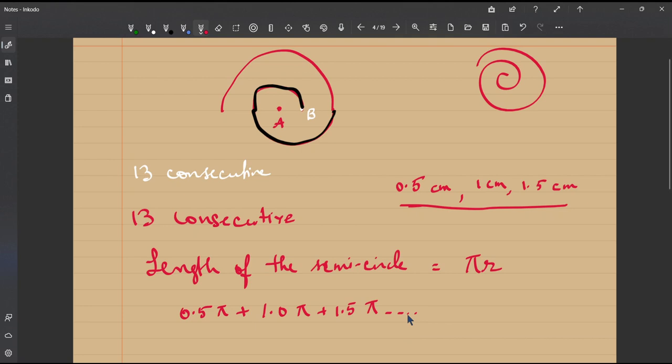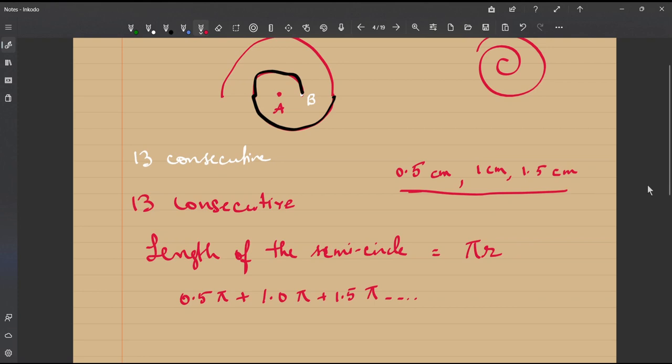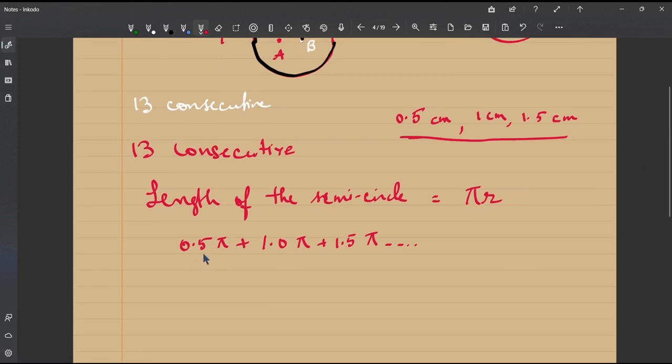So it's of course an arithmetic progression. Since we have looked at many arithmetic progressions, we see that the common difference is 0.5. The first term is also 0.5. The first term of the AP, if you call it a, is 0.5 pi, and the common difference is 1 pi minus 0.5 pi, that is also 0.5 pi.